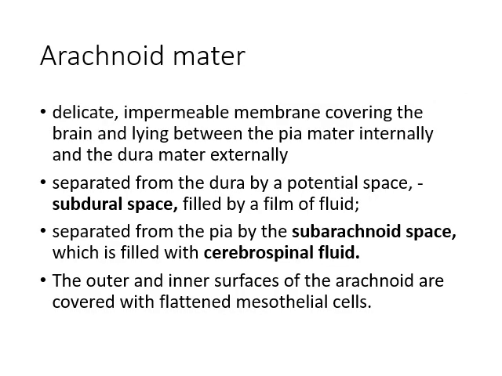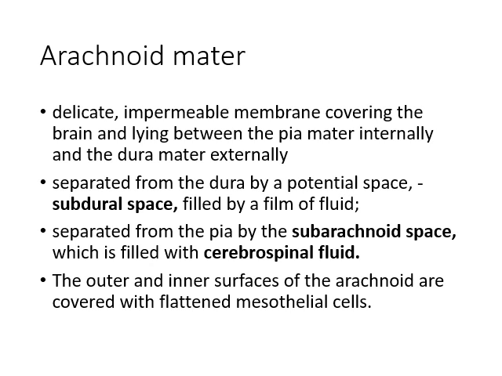Now talking about the arachnoid mater, it is actually a very delicate impermeable membrane which covers the brain, and it lies between the pia mater and the dura mater. It is separated from the dura by a potential space which we call the subdural space. There may be a thin film of fluid in this space, and underneath that it is separated from the pia mater by the subarachnoid space.